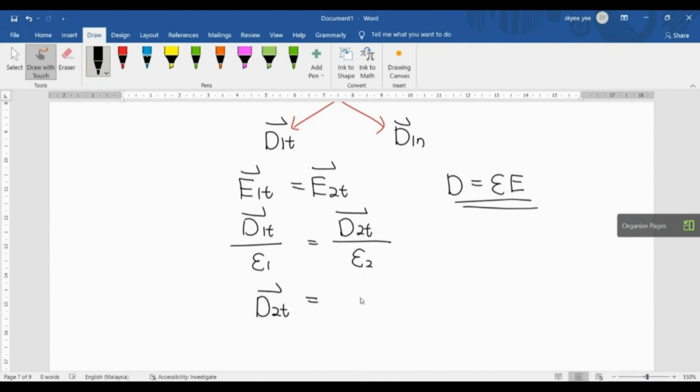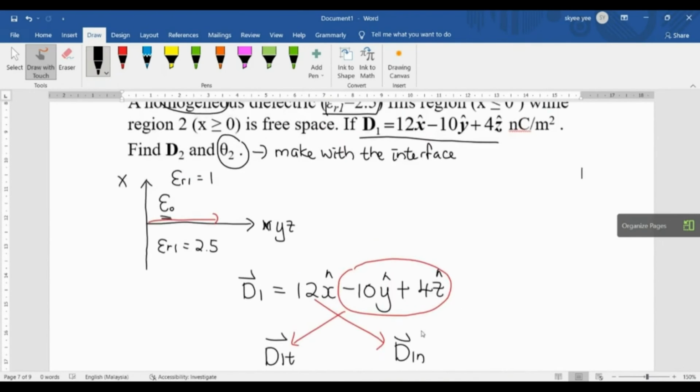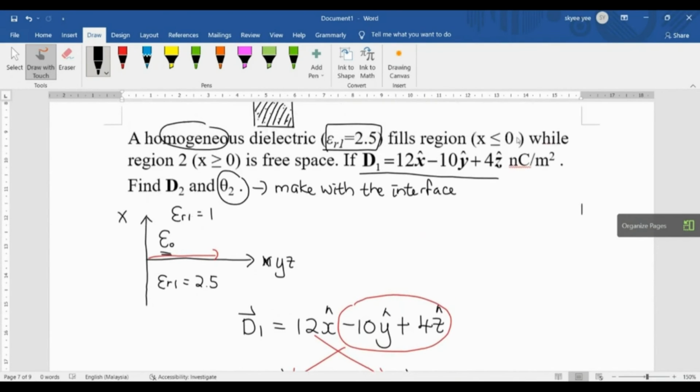So D2T is what we want to find. It is equal to epsilon 2 times D1T divided by epsilon 1. Sorry, just now I said this one should be 2. This is medium 2, and this is medium 1.